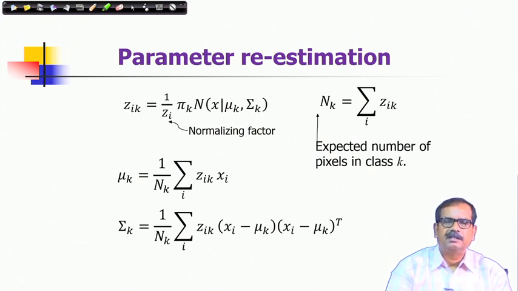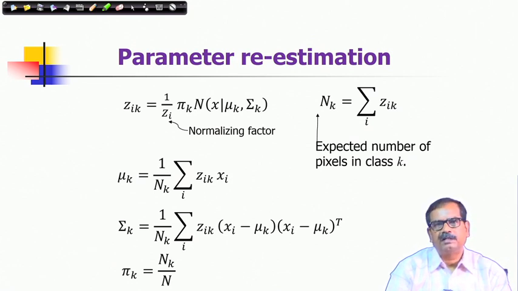So, now you see that from here you get two sets of parameters, means and covariances, and finally the mixture coefficients pi k, which are also found as a fraction of the total n. Here n is the total number of pixels in the image, or the total number of data points. So, nk by n gives the prior probability of a class k. It acts like a mixture coefficient.